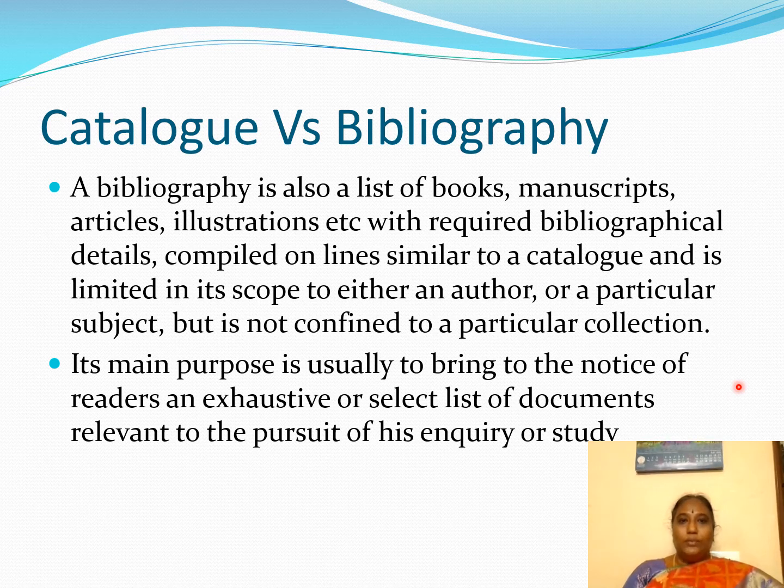It is compiled on lines similar to a library catalog, but it is limited in scope to either an author or a particular subject, and is not confined to a particular collection. So a particular collection should not be revealed by the bibliography. Only author and subject details are provided in the bibliography.